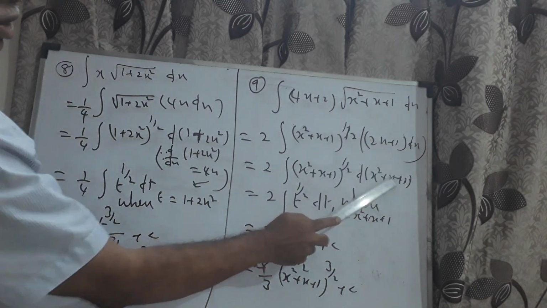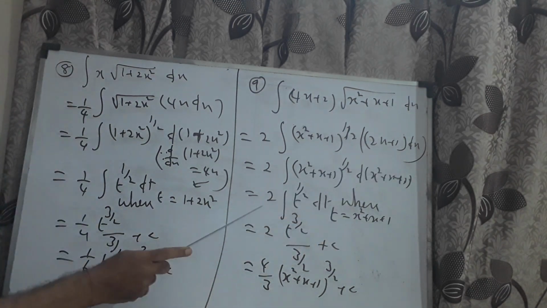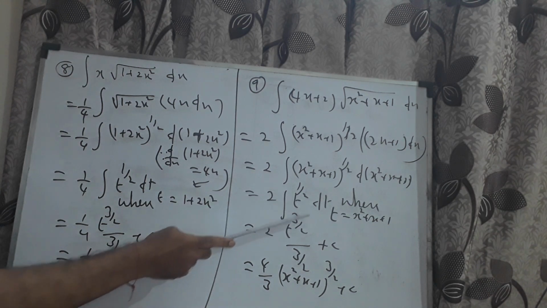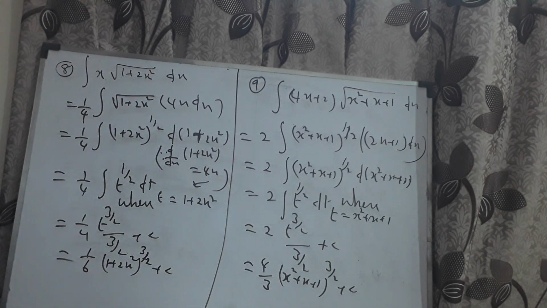Close this off and find out this is my required substitution. 2 integral t power half dt, where t is x square plus x plus 1. 2 into t power 3 by 2 by 3 by 2 plus c. Now 4 by 3 into x square plus x plus 1 power 3 by 2 plus c will be the final answer.